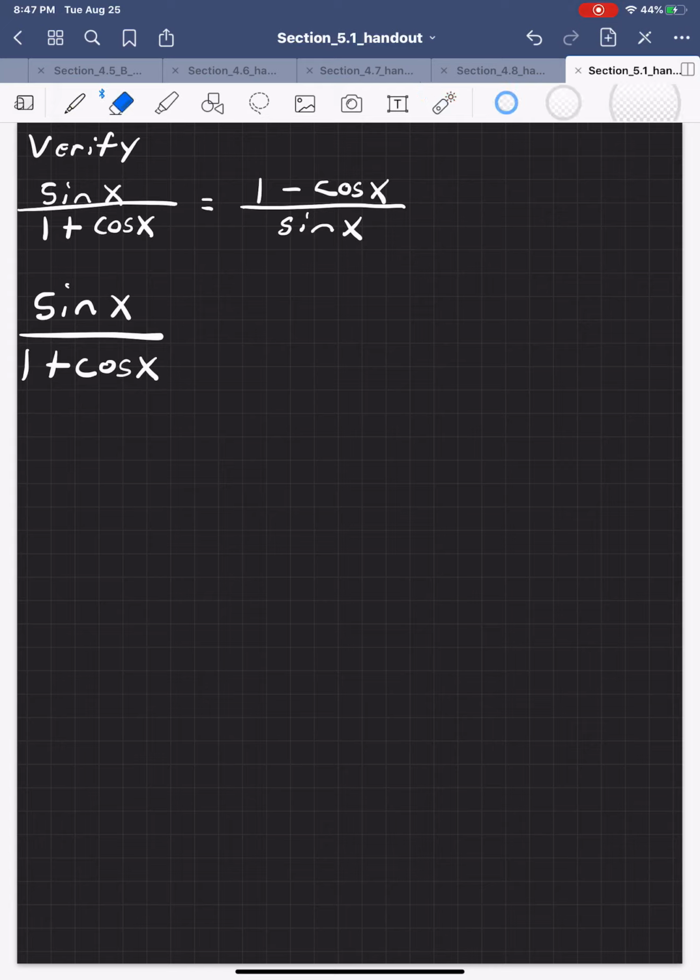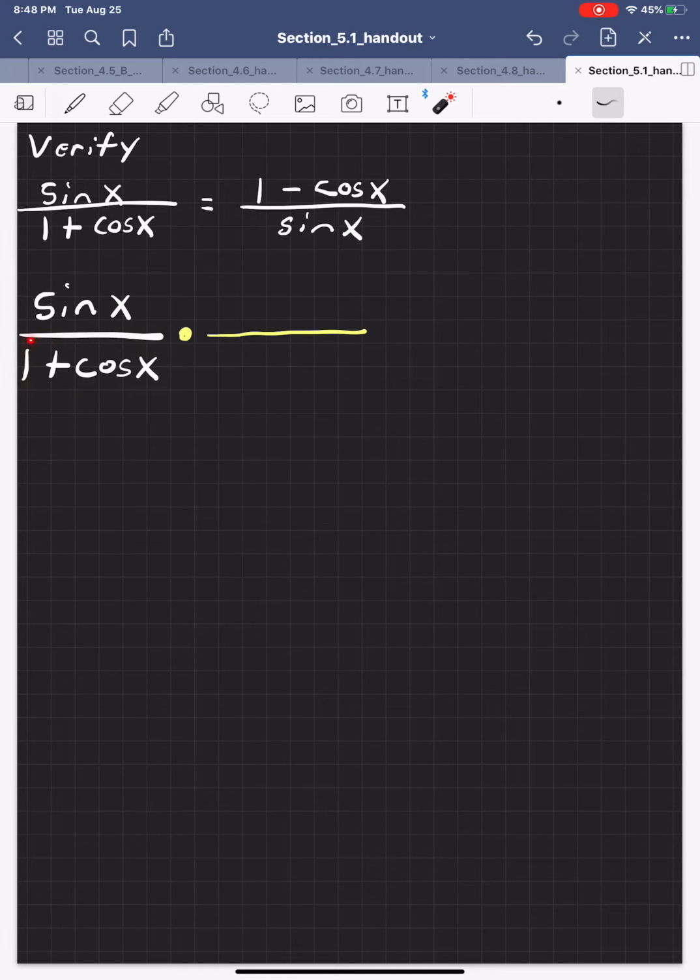So what we're going to do is rationalize the denominator. I'm going to multiply this fraction by the conjugate of this denominator.